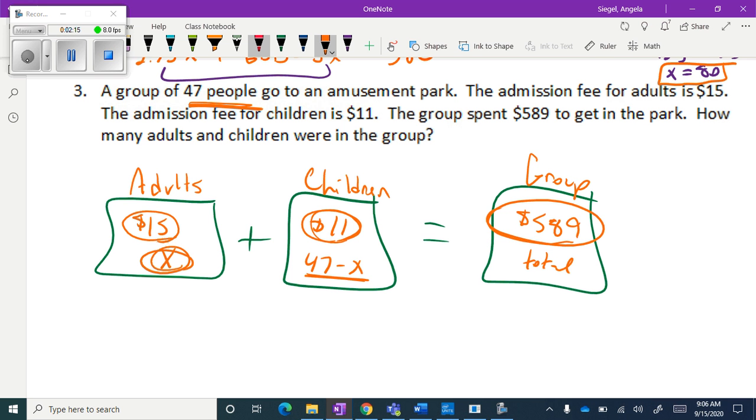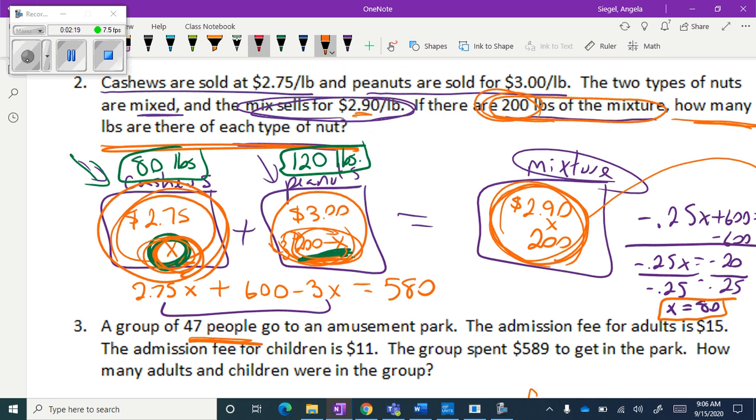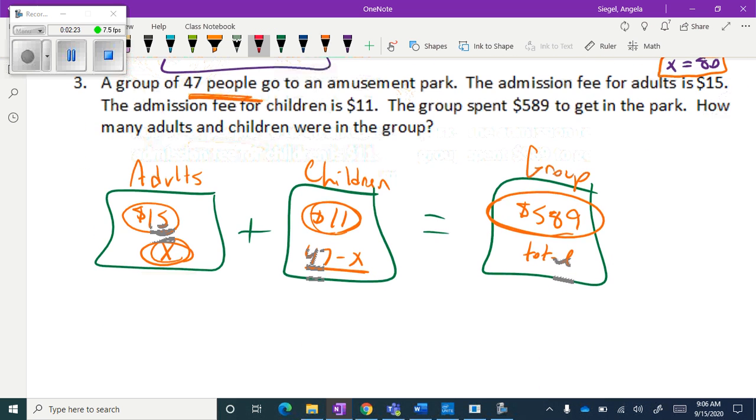It's the same thing. Okay, so then just like this one up here, we're going to multiply, and then set it equal to this. So we have 15x plus 11 times 47 minus x equals 589. Okay, so go ahead and distribute, do the math, and see what you get.